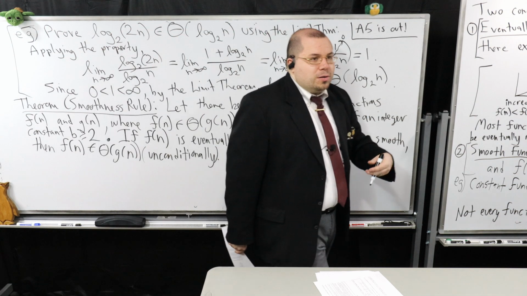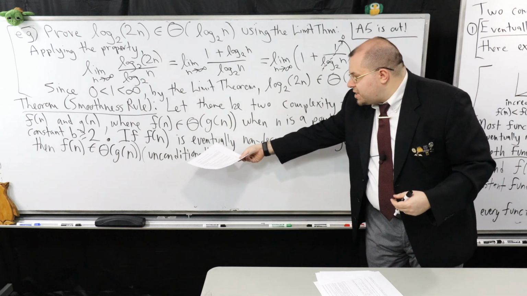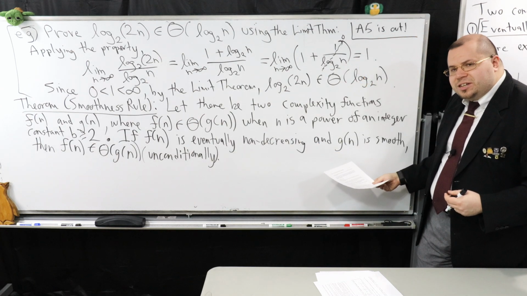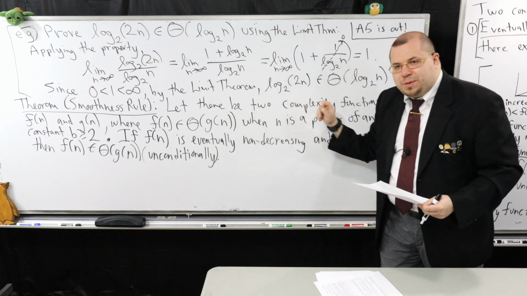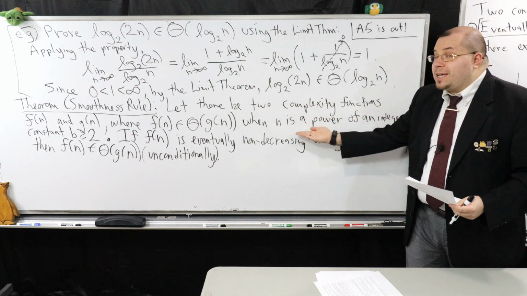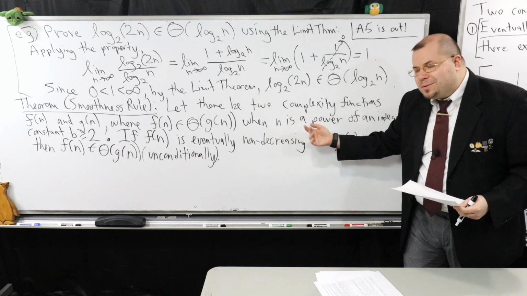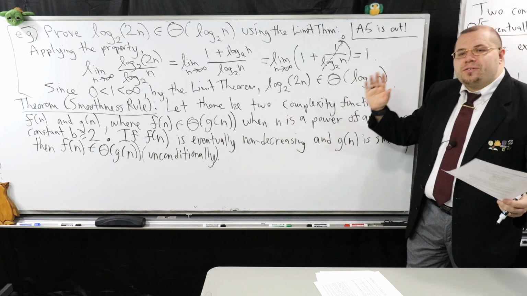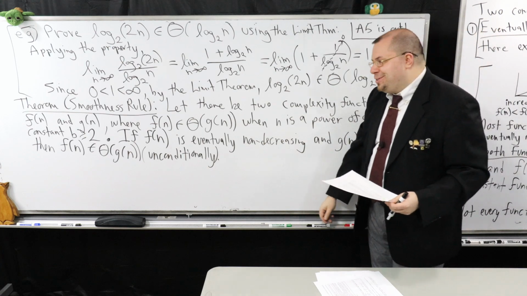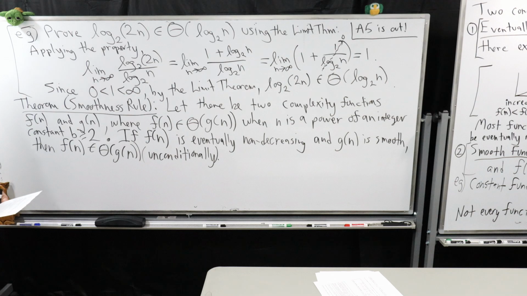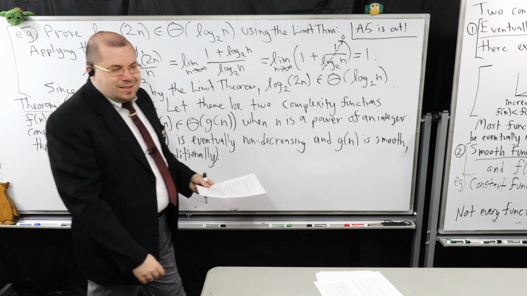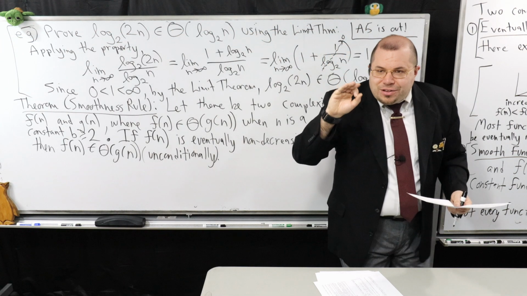For example, if I knew these two conditions are satisfied, that f is eventually non-decreasing and g is smooth, and I established that f is big theta of g while assuming n was a power of 2, I get for free, based on the smoothness rule, that f is big theta of g for every n. This is a very useful theorem.